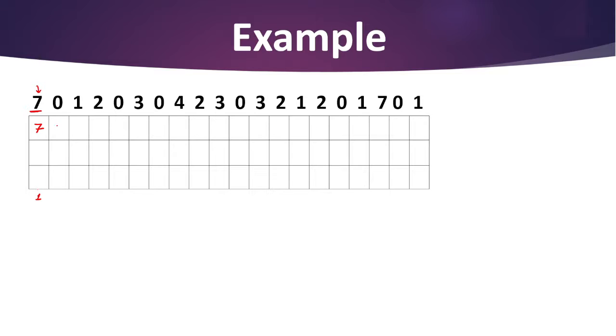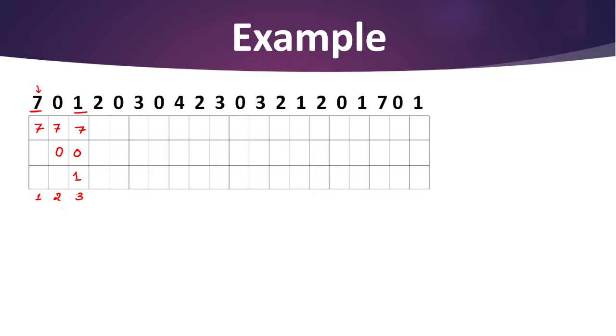So this is one page fault. 7 is already there, next value is 0, that is not available, so you can write 0 in the vacant space. So this is one more page fault. Next, 7 and 0 are already there in the frame. Third value is 1 and you need to add it here. So this is third page fault.